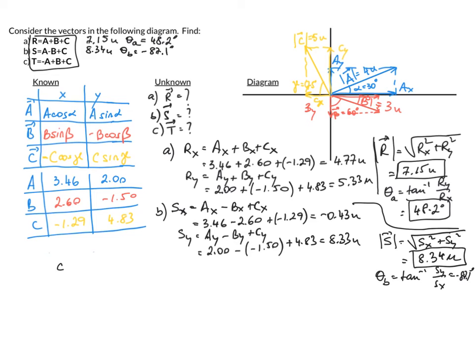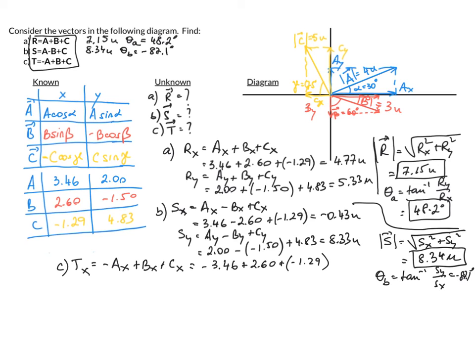All right, now in part C, the equation we have is for t, so t x is negative a sub x plus b sub x plus c sub x, and negative a sub x is negative 3.46 plus b sub x, which is 2.6, and c sub x is a negative value 1.29.